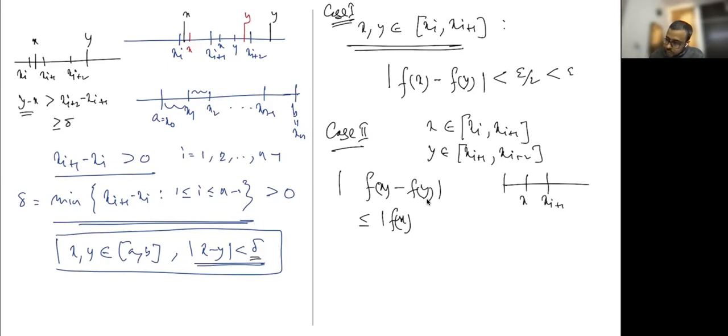So x is from here and y is from here. You add and subtract f at this intermediate point.